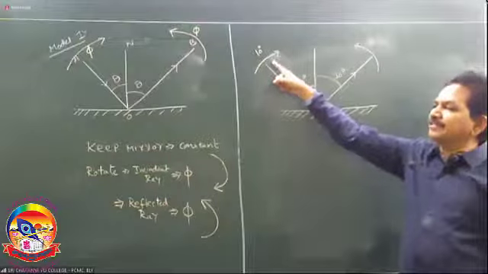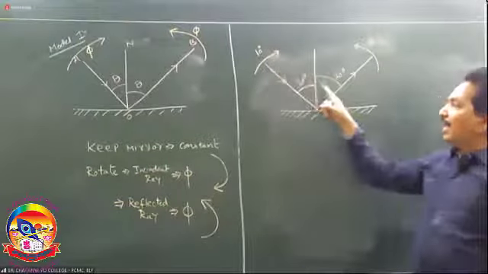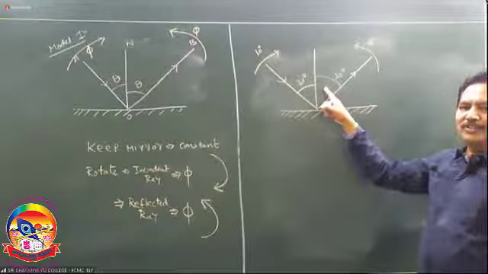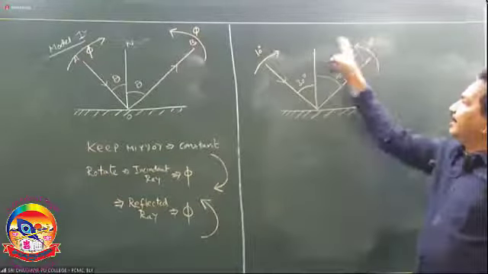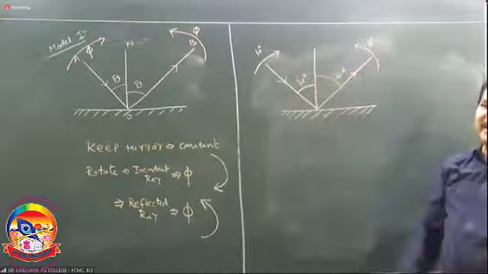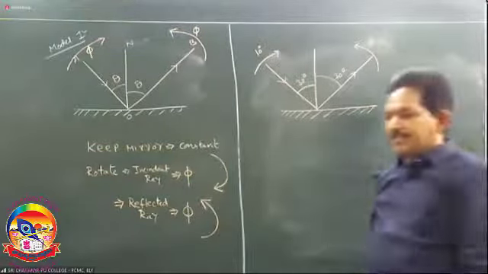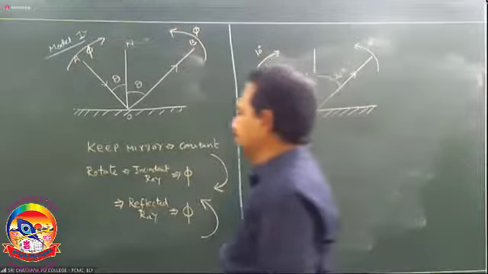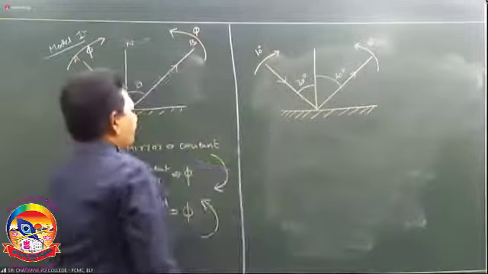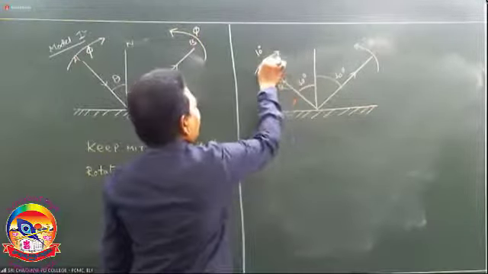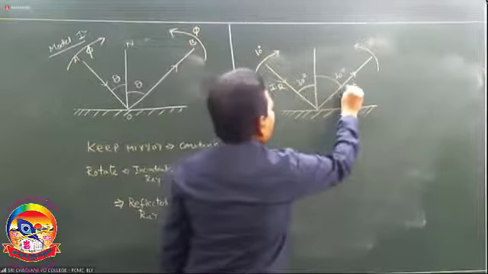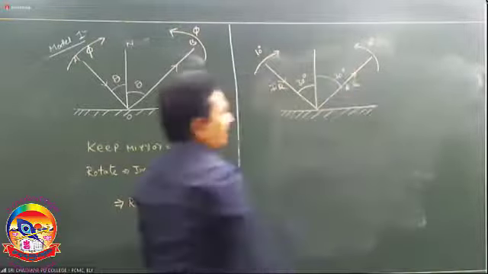30 minus 10. The angle of reflection is also 20. For it to be 20, the reflected ray must be rotated by how much? 10 degrees. Simple problem. If the incident ray rotates by 10, the reflected ray also rotates by 10.